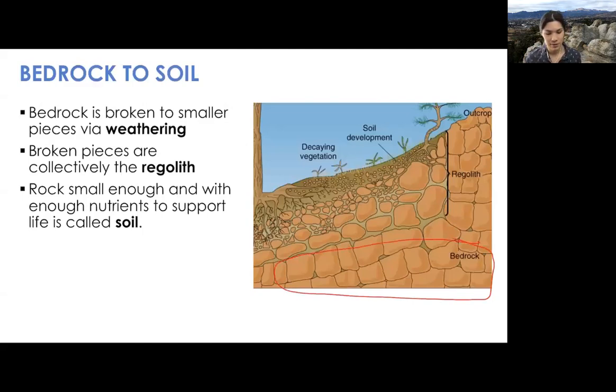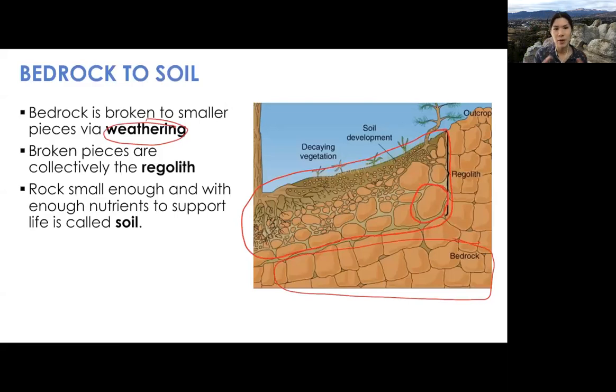So through a process called weathering, we're going to see this bedrock be broken up into smaller bits, and these bits may become separated and therefore transportable. As they do so, they transition to what's called regolith. So the regolith is kind of this section of the diagram where we have bits of bedrock that have been broken apart from the main mass of bedrock and now can be transported by hill slope processes.